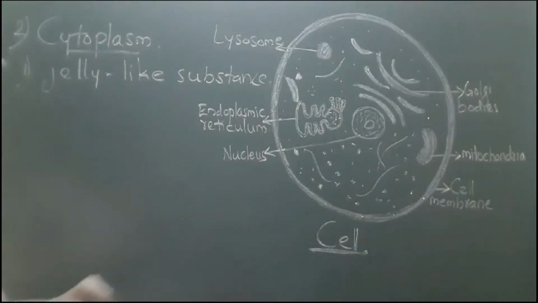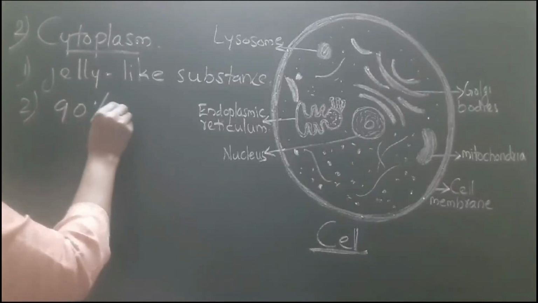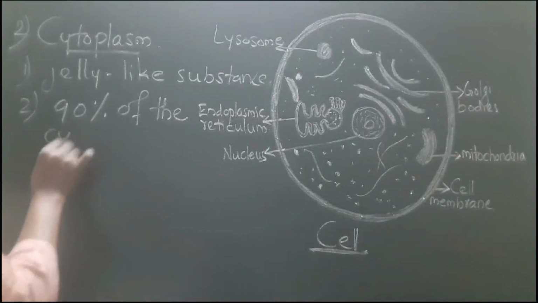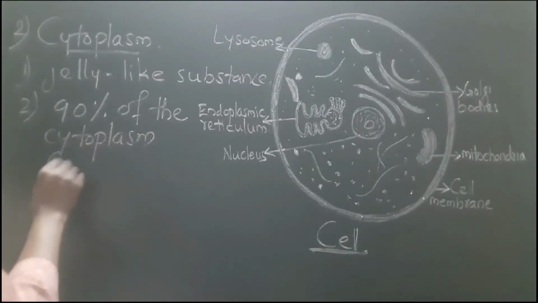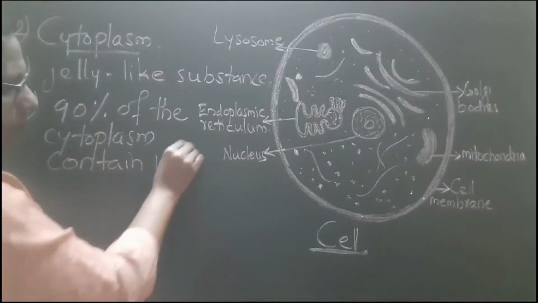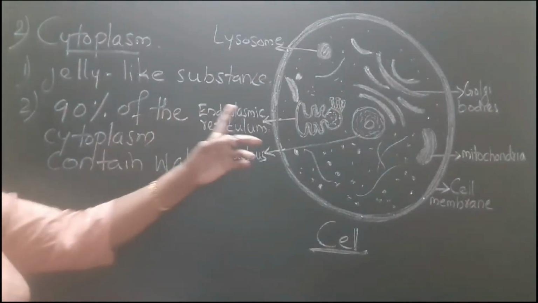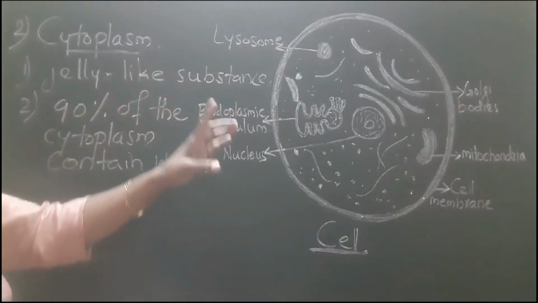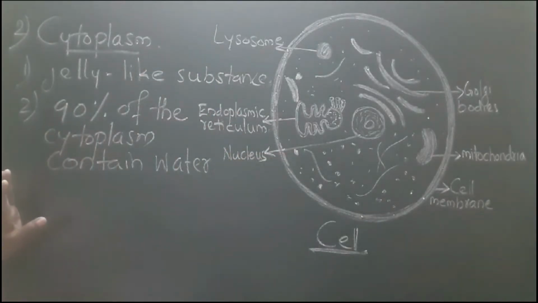90% of the cytoplasm is water. Then comes lysosome, endoplasmic reticulum, Golgi body, mitochondria.